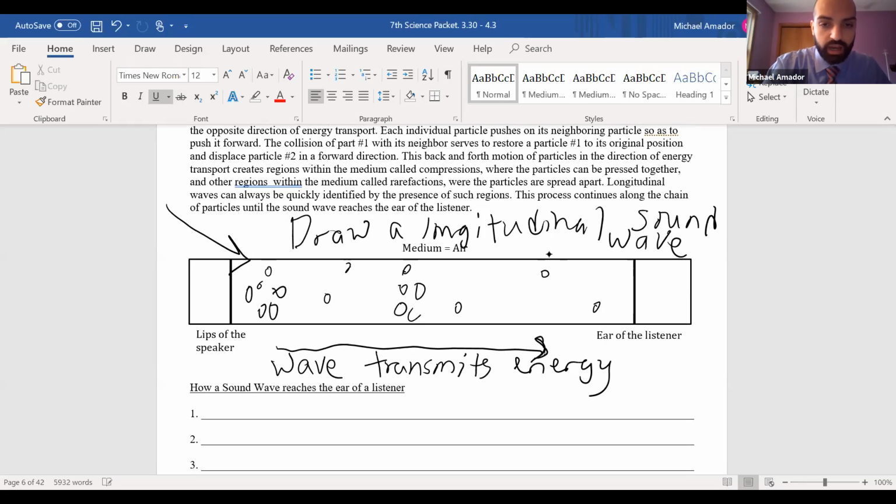And the rarefactions are the areas where the particles are further apart. So this would be a compression. I'm just going to put a C. This would be a compression. This would be a compression. And basically all the spaces in between you could consider to be the rarefactions.